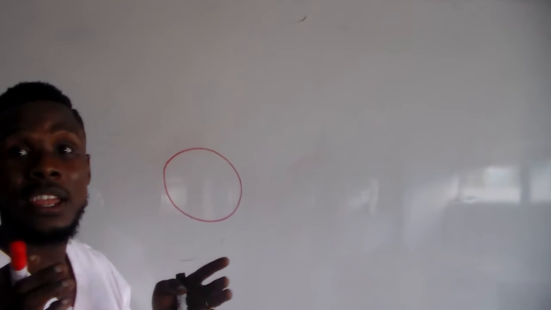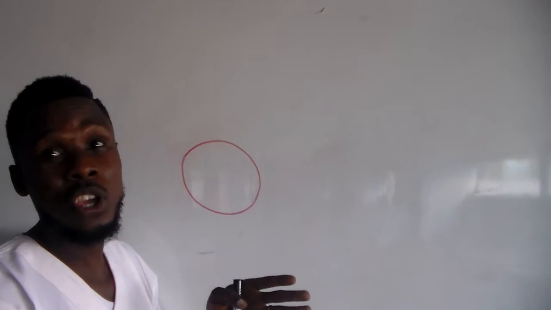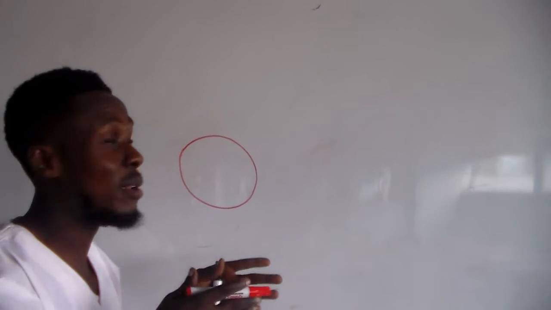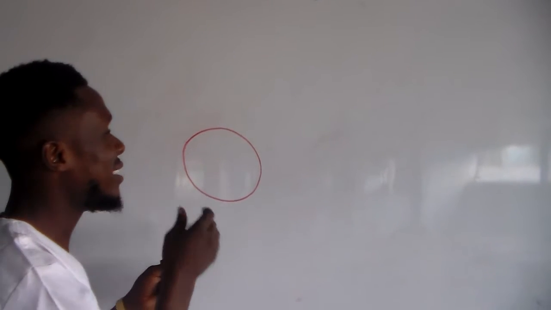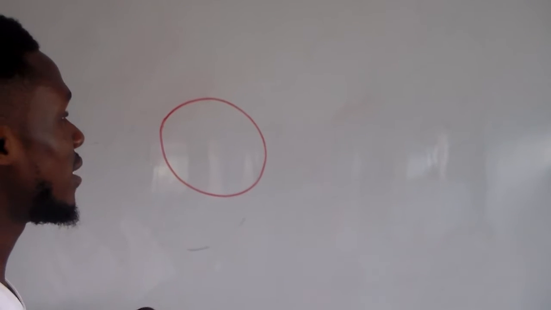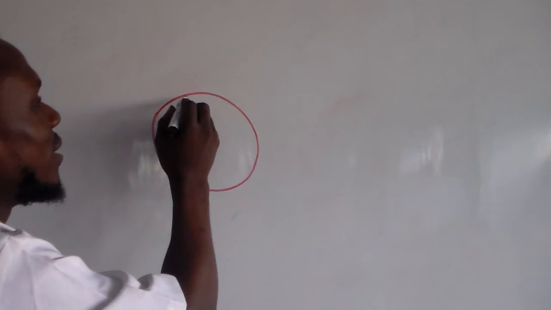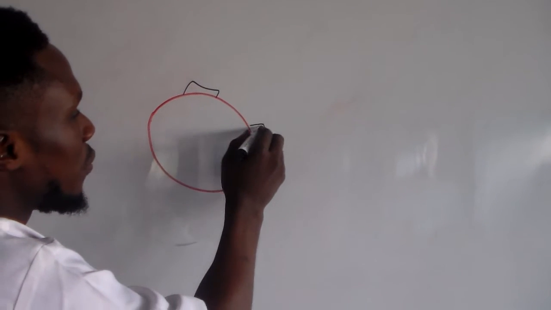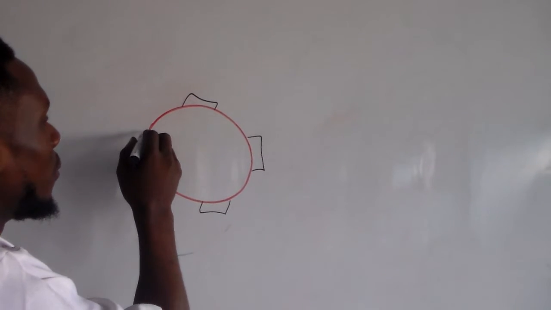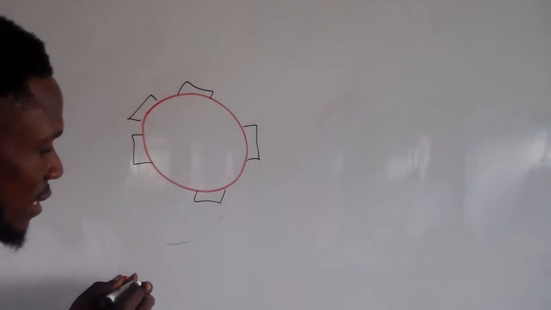Unlike other antigens in the ABO system that are present in the blood plasma, with the rhesus antigen, the D antigen is present on the surface of the red blood cell. So if this is our red blood cell, these D antigen proteins will be present on its surface.